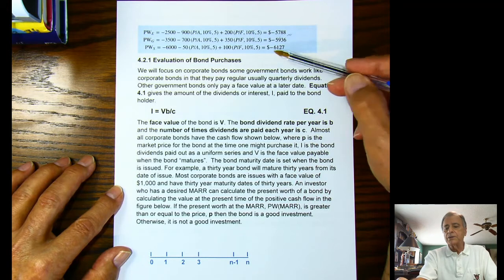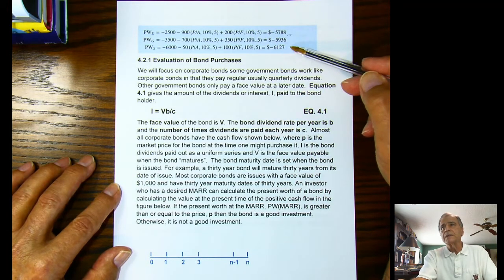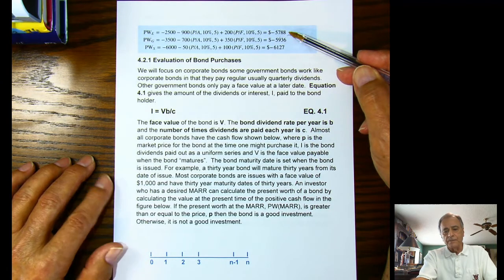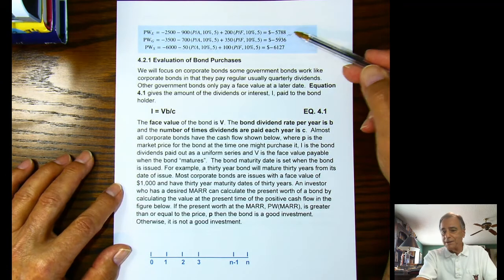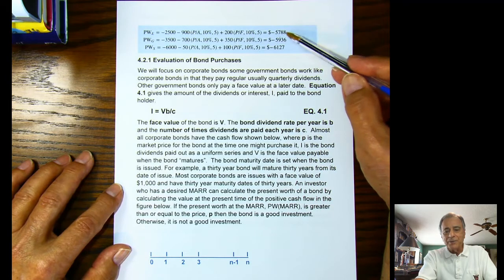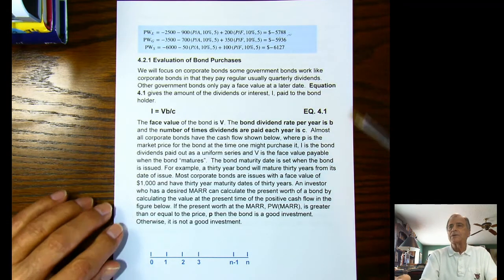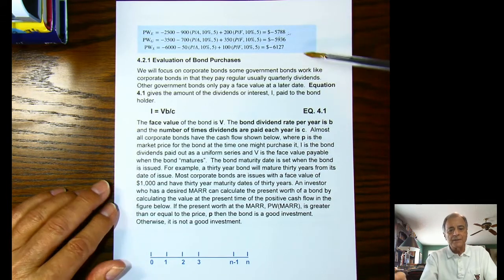And for solar, it's minus $6,127. So obviously the least negative, or the most positive, or the highest number is this one. So you would use the electric in this particular example.